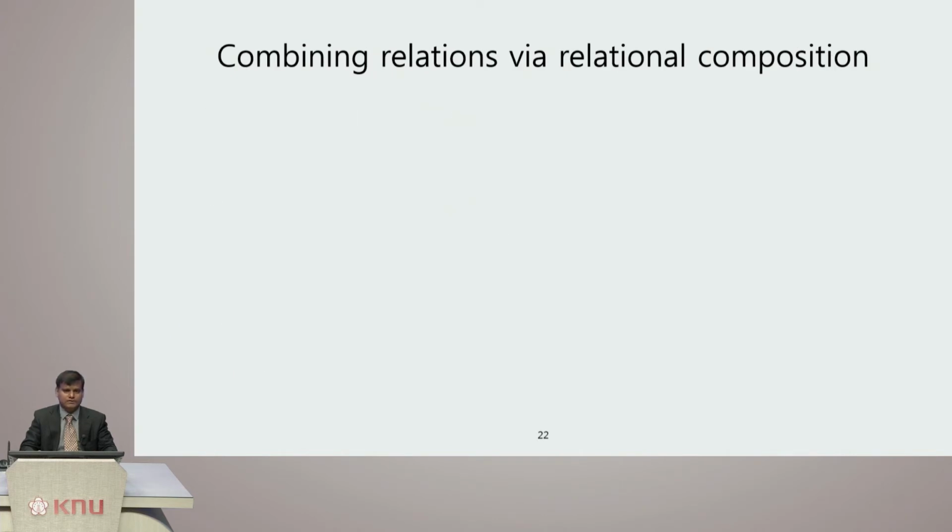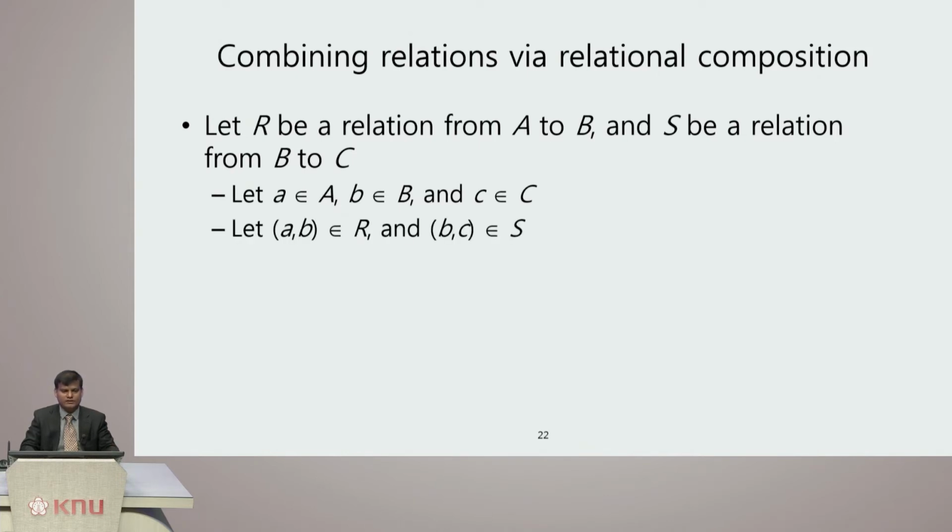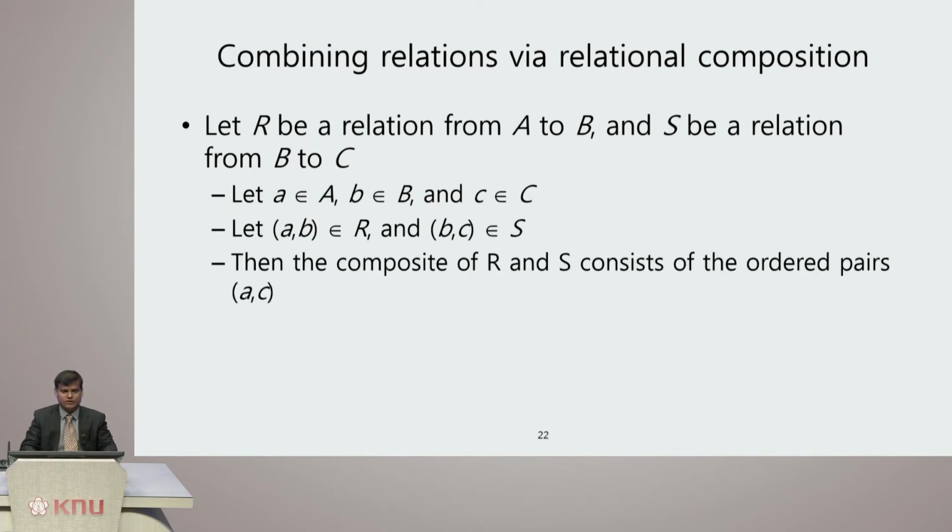Let's talk about relational composition. Let R be a relation from A to B, and S be a relation from B to C. So a is an element of A, b is an element of B, c is an element of C. Then (a, b) is an element of R, and (b, c) is an element of S. Then the composite of R and S consists of the ordered pairs (a, c).